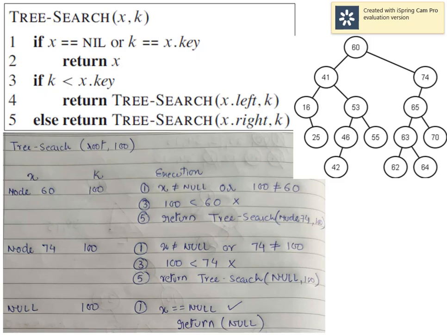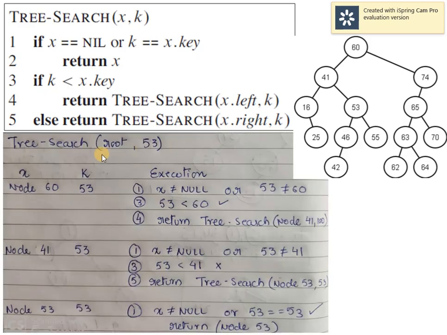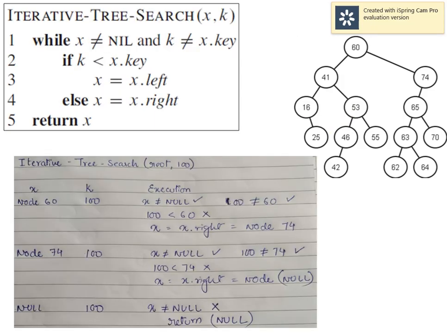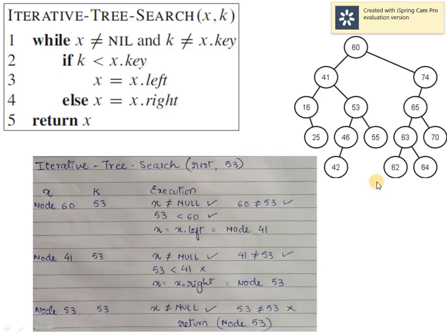Here is the recursive tree search procedure for the search of 100, and here is the recursive tree search procedure in order to search 53 in this binary search tree. In a similar way, all the steps which get executed by the iterative tree search procedure in order to search for 100 as well as 53 are also included in this video.